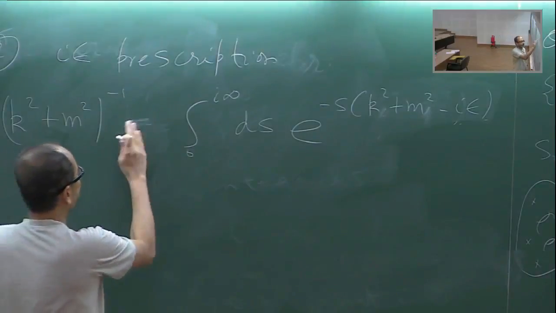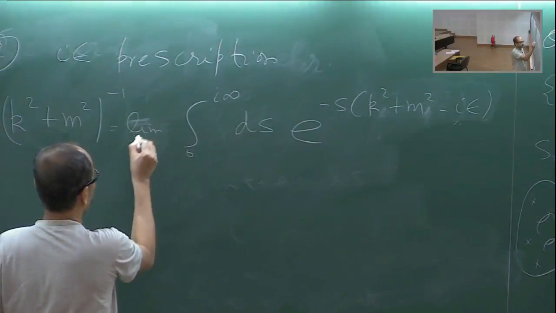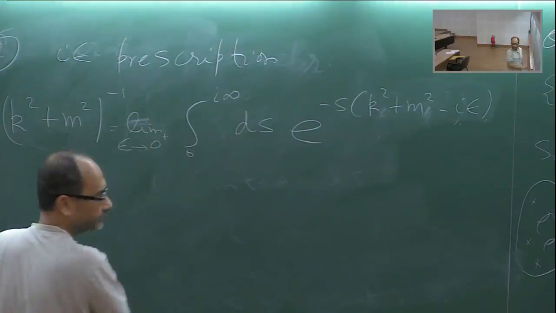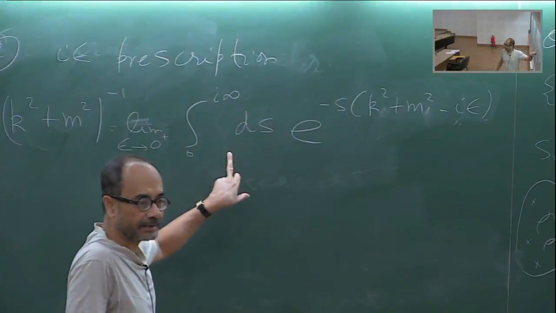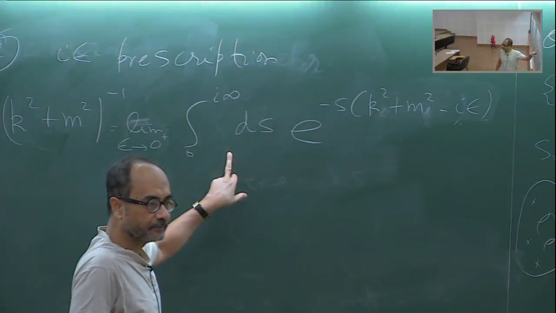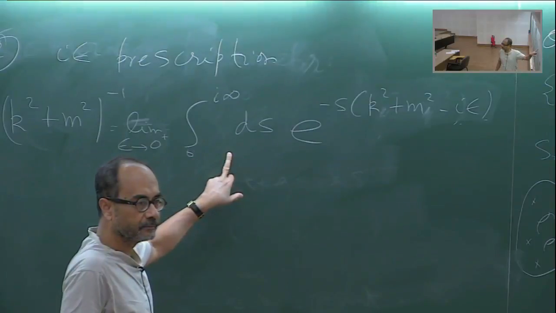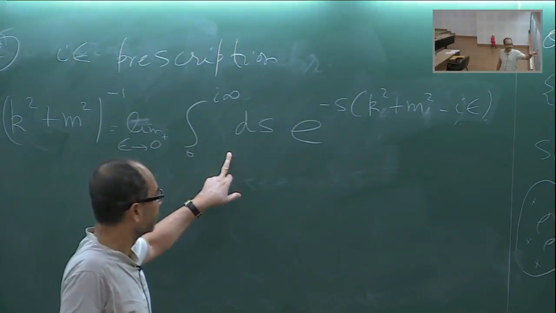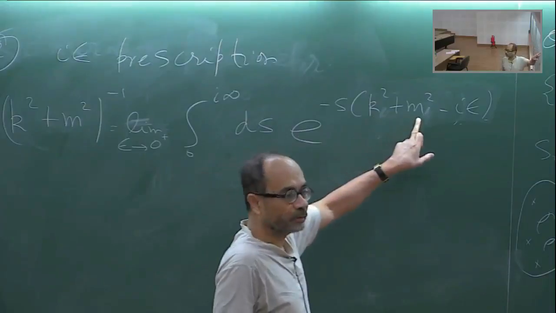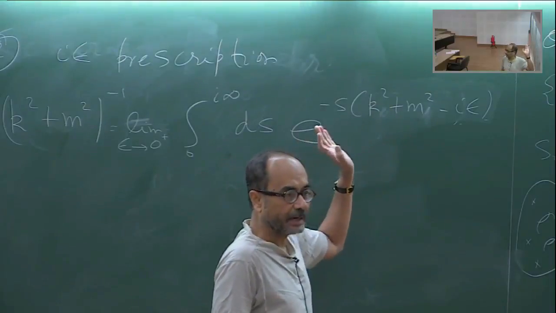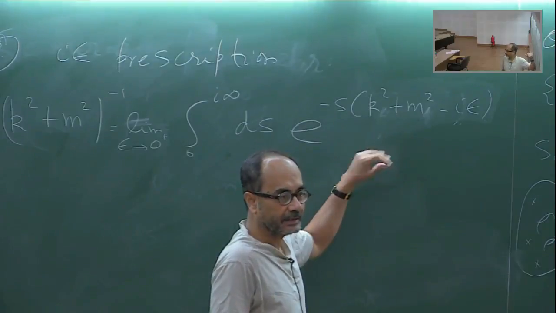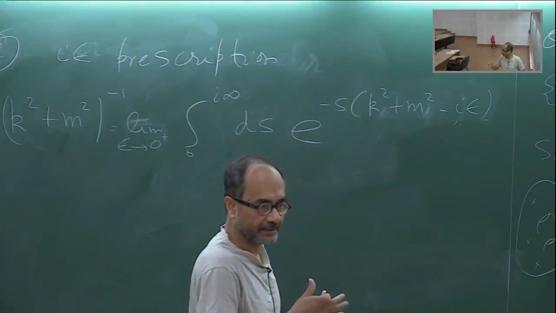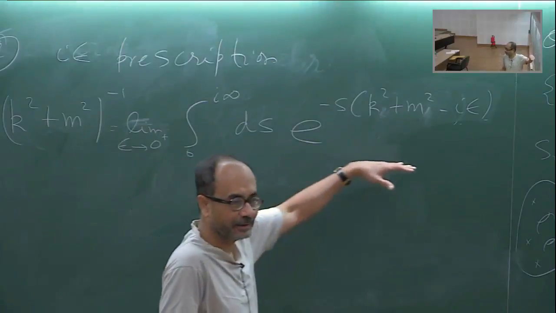And at the end, you have to take epsilon goes to 0. Yes, S has to be integrated on the imaginary axis. That will not help, because if you go to the left of the imaginary axis, then there will be another singularity. When k square plus m square is positive, you will get a singularity, right? You will get a problem in the T channel. So you really have to do it like this.